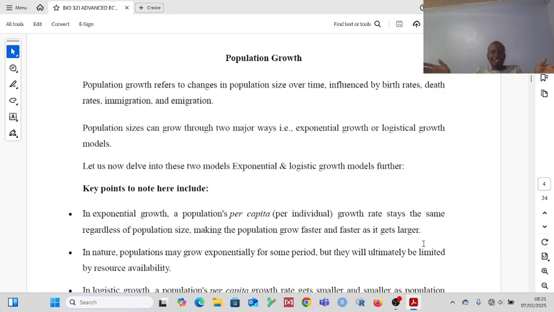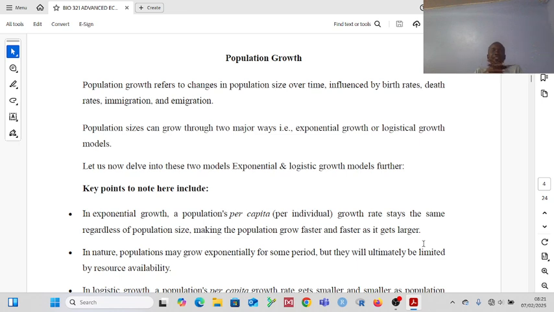Within 4 days, if we are talking of organisms that have a very short reproductive cycle. So there is an aspect of time when you are talking of population growth. Okay, so it's about the change in the number of the organisms that make up that population within a particular period of time.